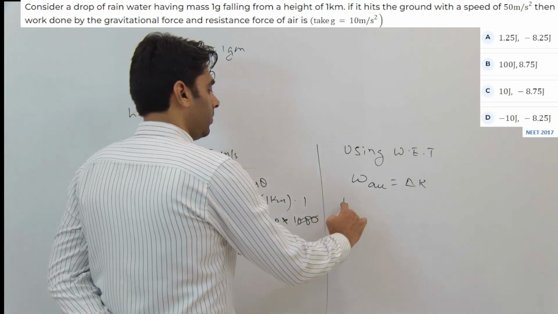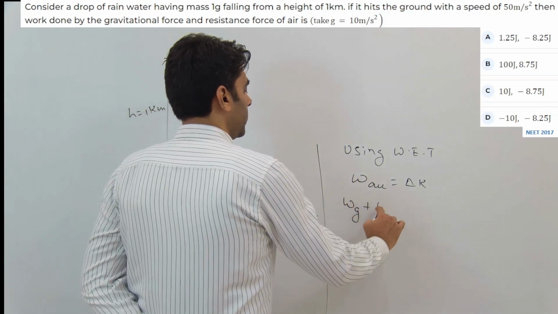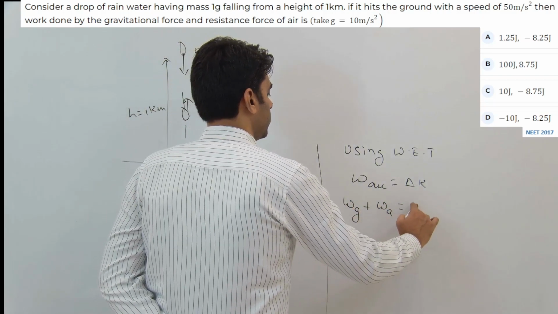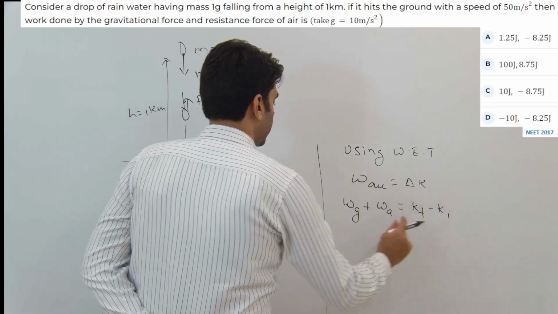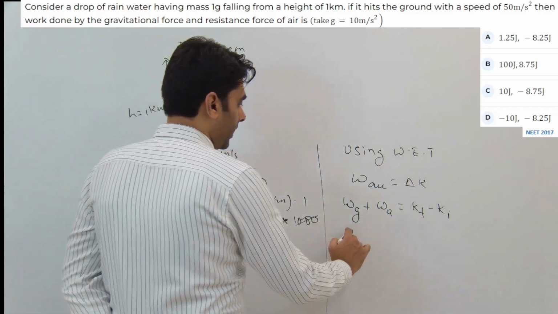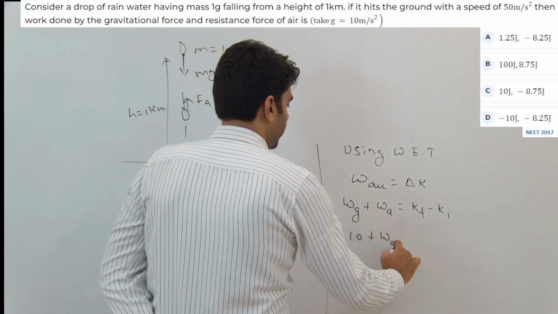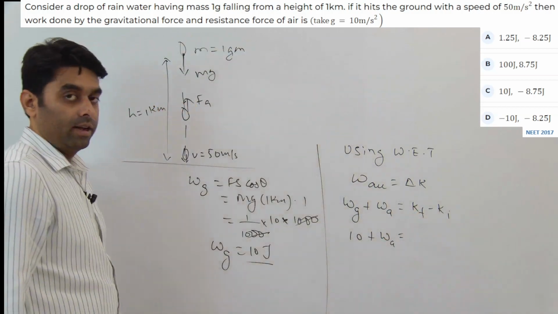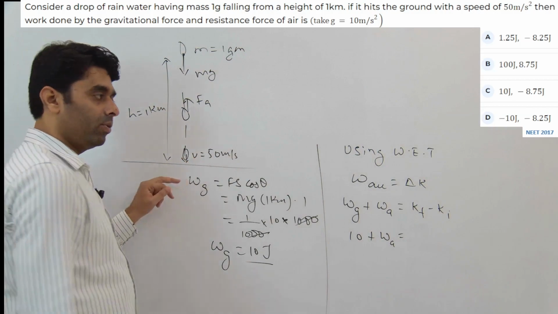So we can write work done by gravity force plus work done by air resistance is equal to K final minus K initial. Over here, work done by gravity we calculated 10, plus work done by air is equal to final kinetic energy. Speed is given to us 50 meter per second.